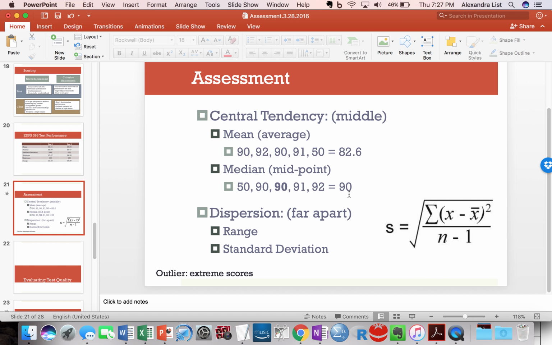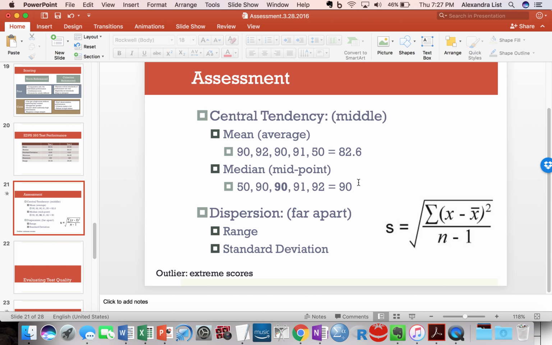outliers. And so now what I'm going to ask you to think about is the relationship between the mean and the median. So for example, in this set of scores, the mean is lower than the median. What does that tell you about whether that outlier is disproportionately high or disproportionately low?